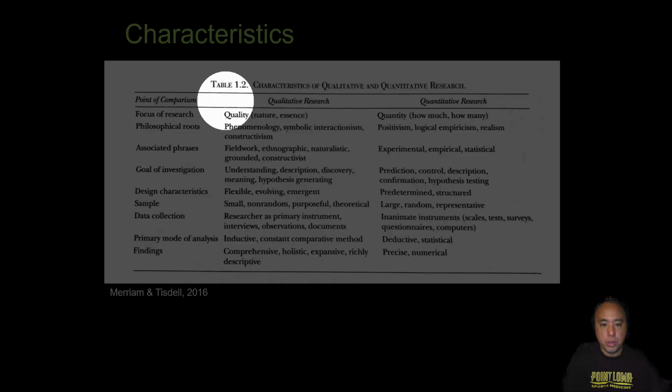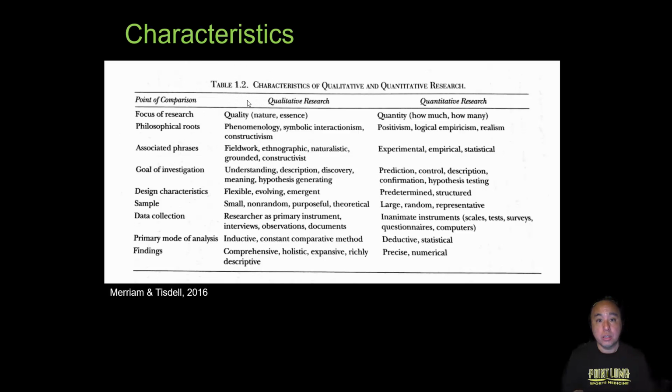And this is table 1.2, which lists the differences in characteristics between qualitative and quantitative research. I'm not going to go over each one, but just take a look at, for example, the philosophical roots of qualitative versus quantitative.